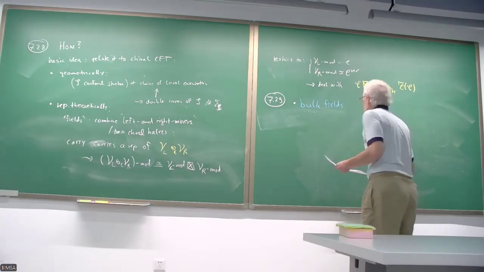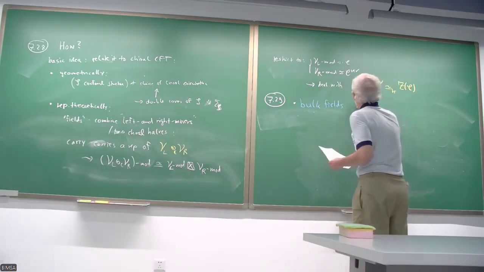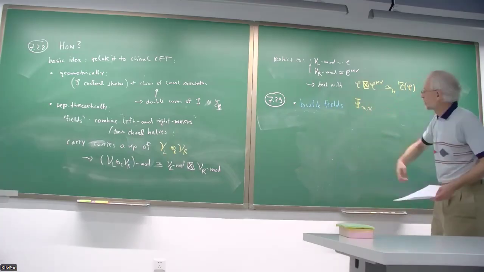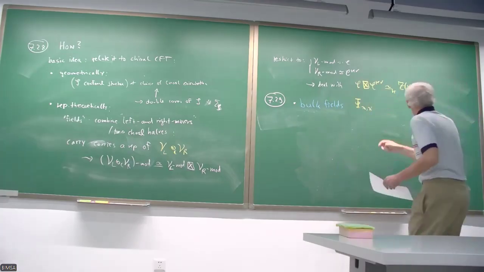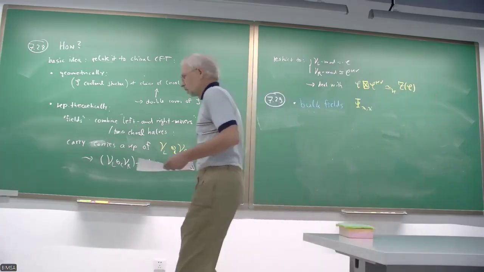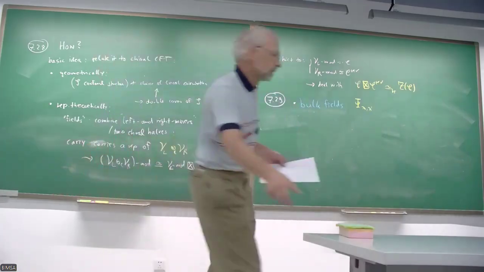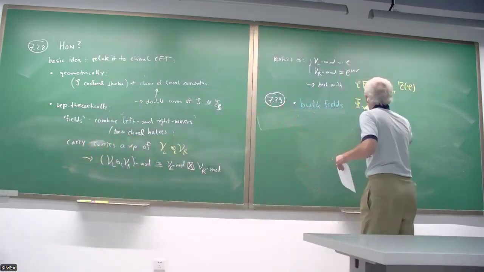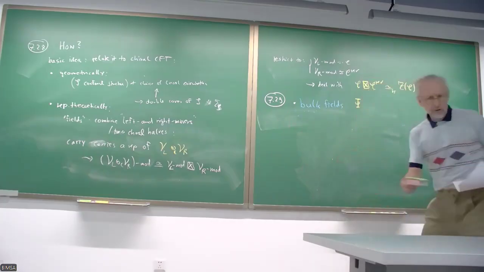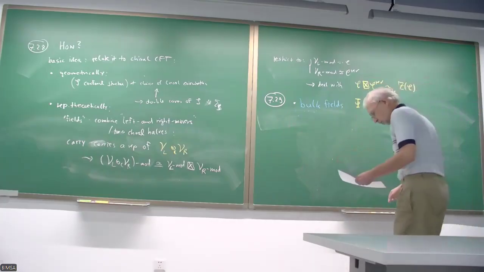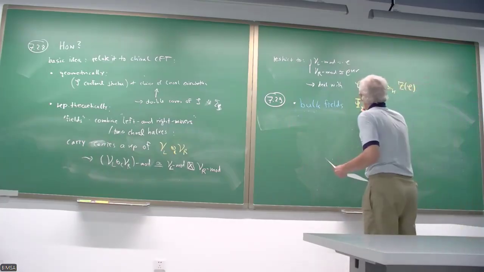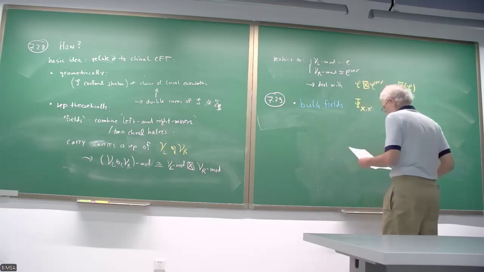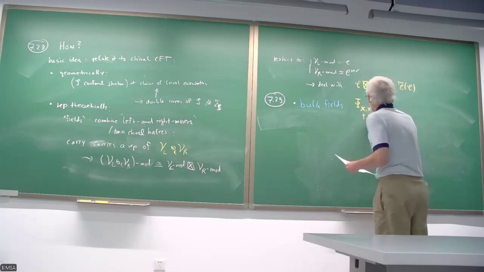Those I will denote by phi, and they will have two labels. In principle, I have here just two labels. Let's call them X and X prime, where these correspond to V modules.